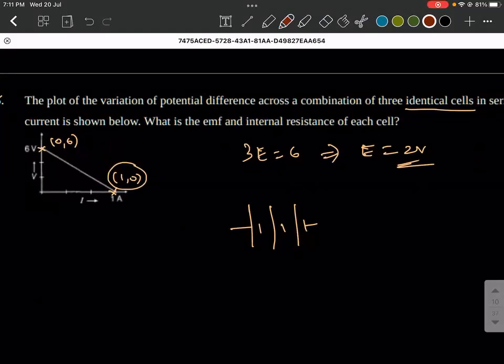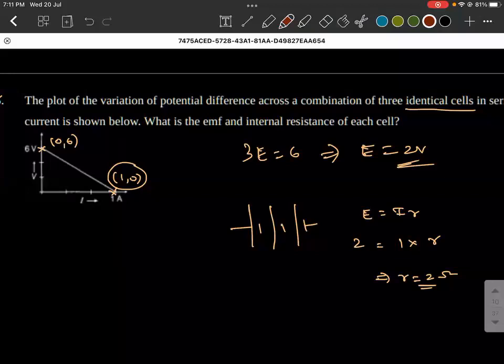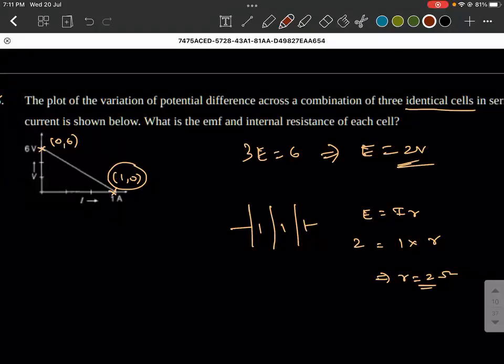So can I say E is equal to I into R? So 2 will be equal to 1 into R, which implies R will be equal to 2 ohm. So the internal resistance is 2 ohm. That's what is given.